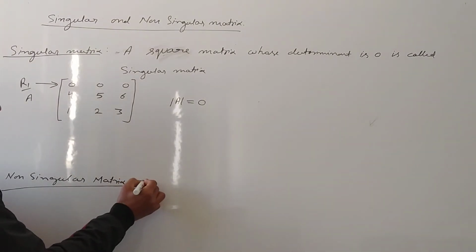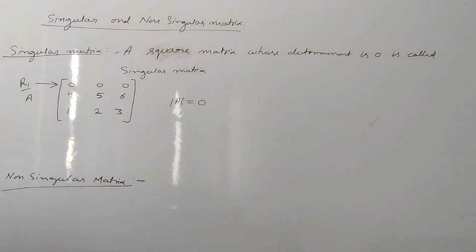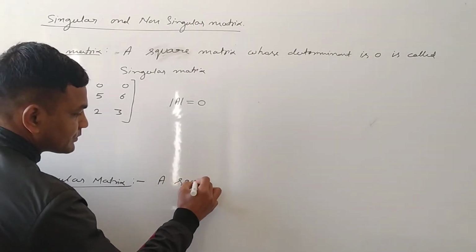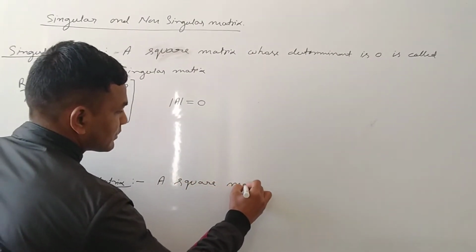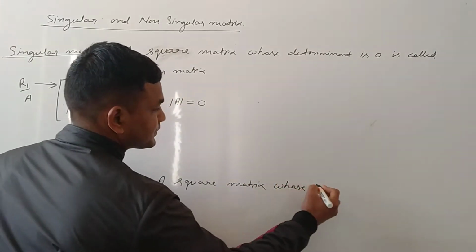Second is the non-singular matrix. Non-singular matrices are those matrices whose determinant is not equal to 0, or we can say that we can calculate the inverse of the matrix.